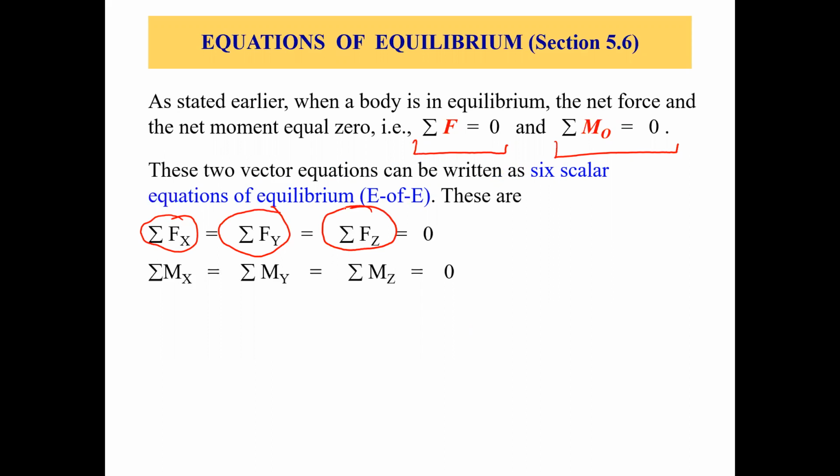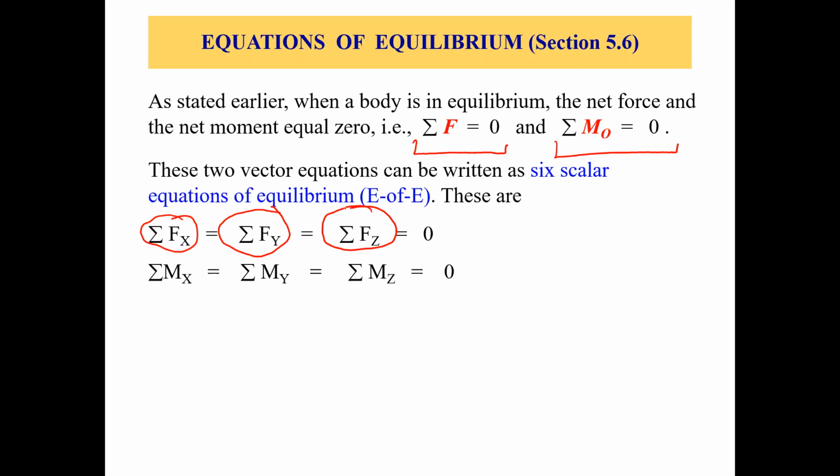Sigma Fx means the forces in the horizontal direction or x direction balance out each other, so there is no net force in the x direction. Similarly, there's no net force in the y direction, and there's no net force in the z direction, right? So everything equals 0.